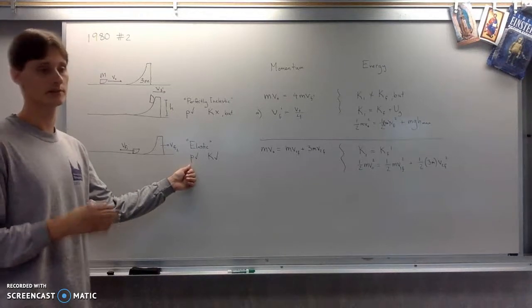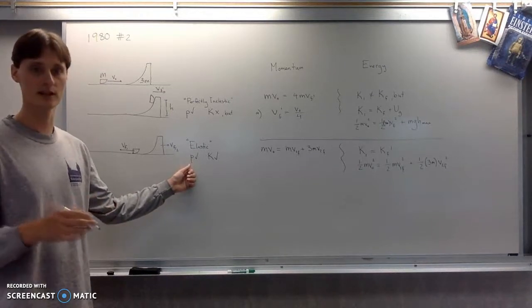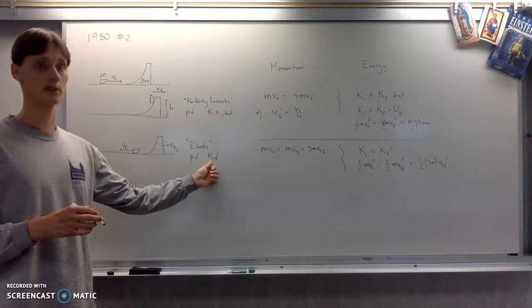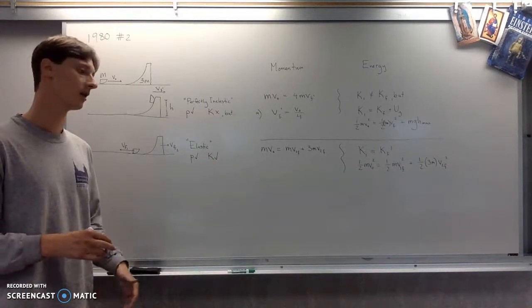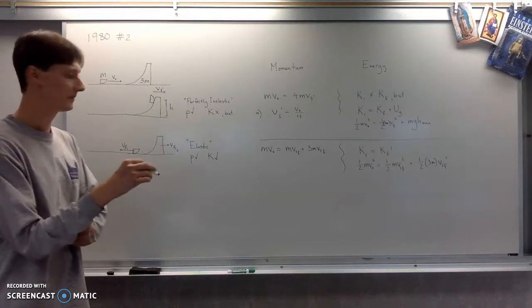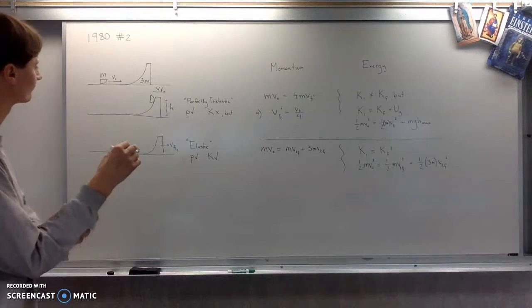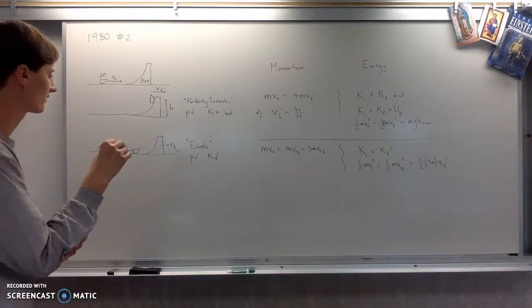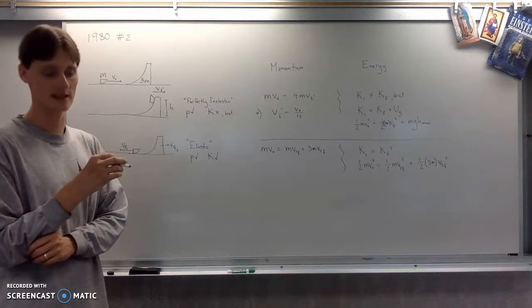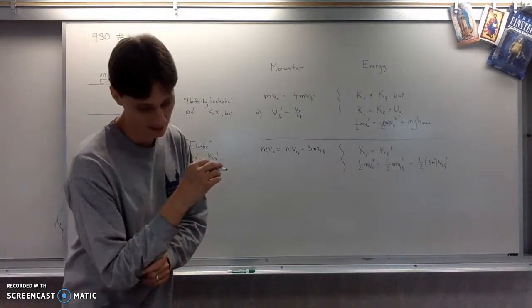Momentum's conserved, all right, because there's no significant outside forces. And kinetic energy is also going to be conserved because there was no work being done by outside forces. Also, they're not like sticking together or something like that.